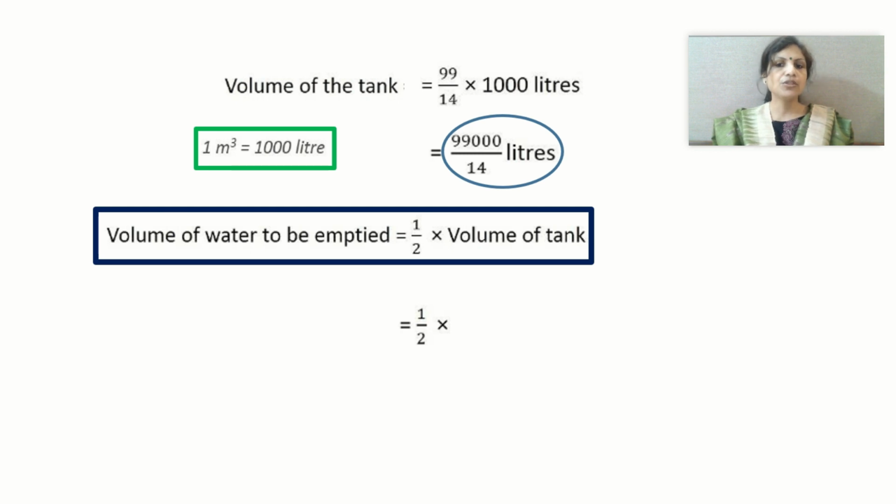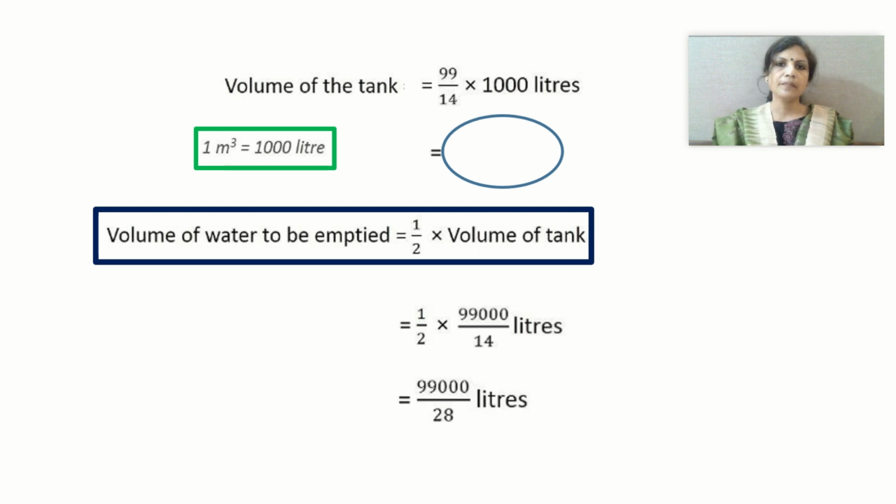So 1/2 into 99,000/14 liters is equal to 99,000 upon 28 liters. So the water to be taken out from the tank is 99,000 upon 28 liters.